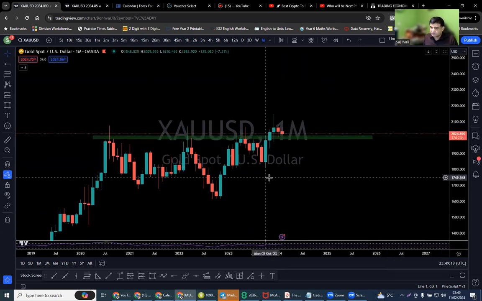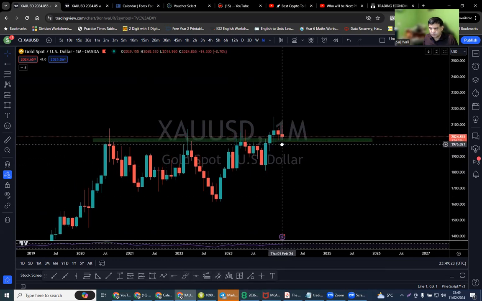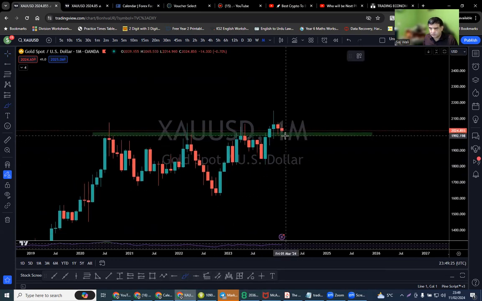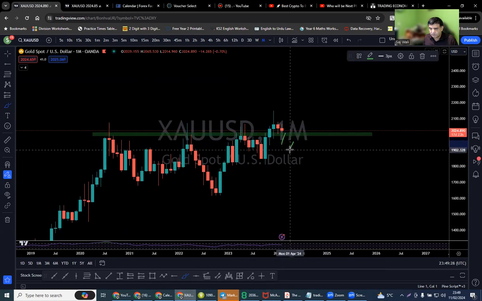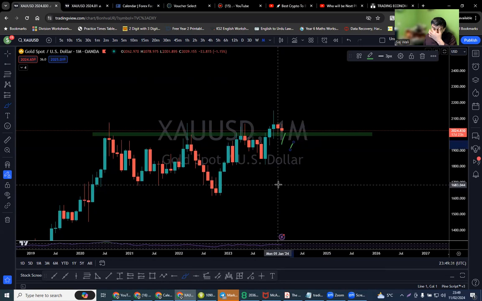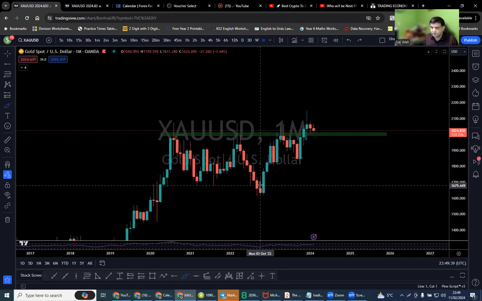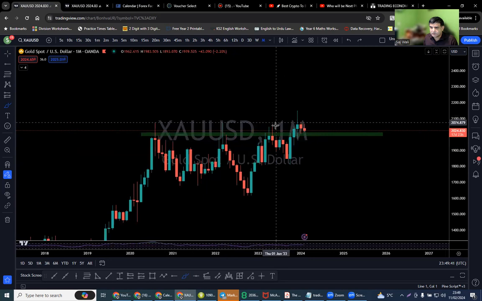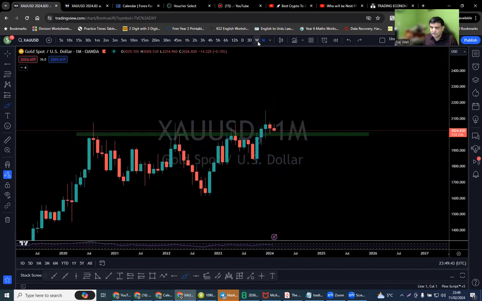So in monthly time frame, I want to see some good bearish candles here before we can expect some bearish move to the downside, or even some weekly candles that will make us bearish. We can look for a bearish setup. That's for monthly only.